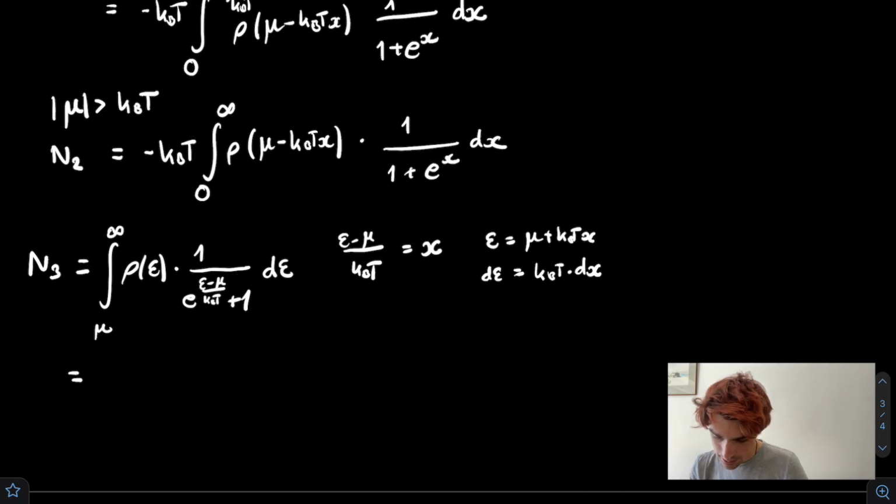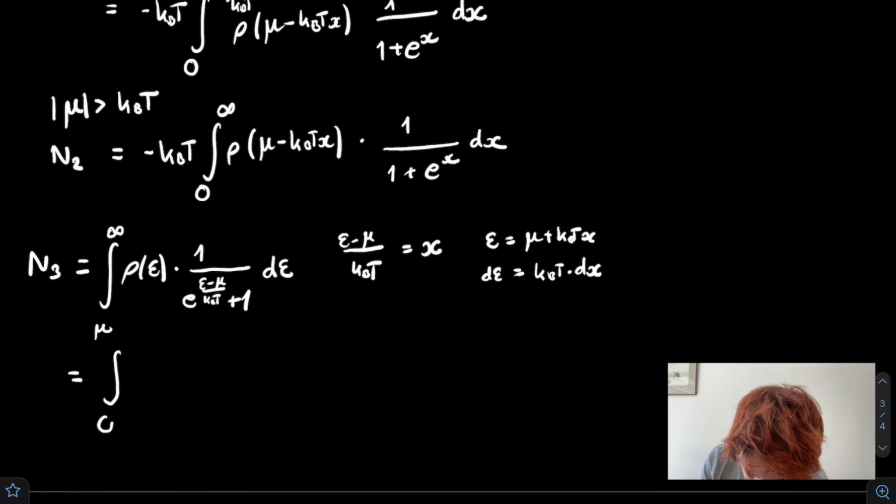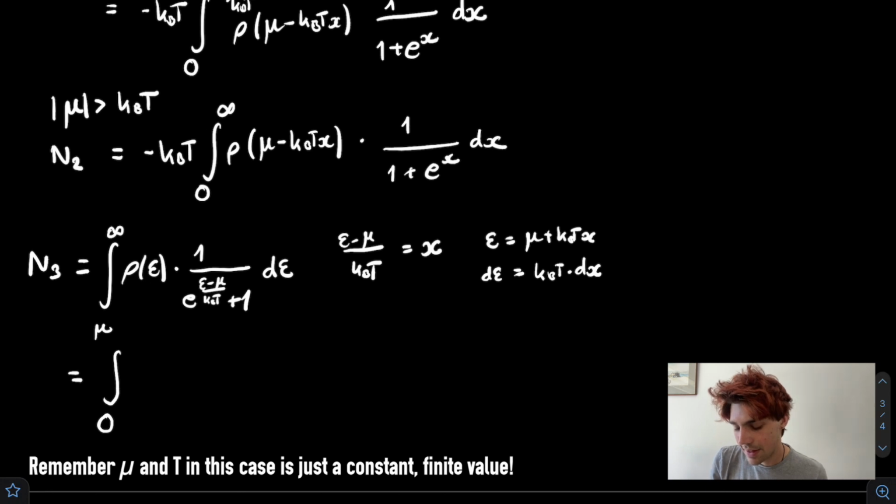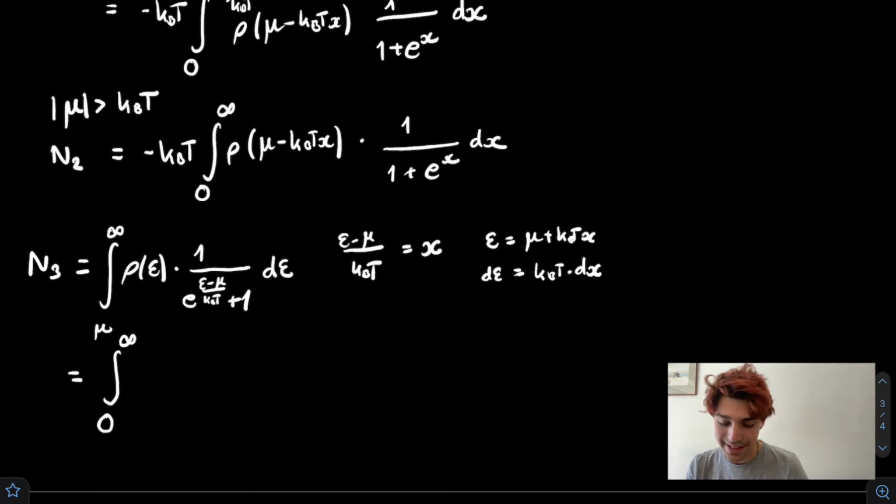When epsilon is equal to mu, we found this before, x is equal to 0. And when epsilon is equal to infinity, then we find that x is also equal to infinity. So when we take this to the far limit, it's going to be way more than mu, and we're going to find that x is going to be equal to infinity.